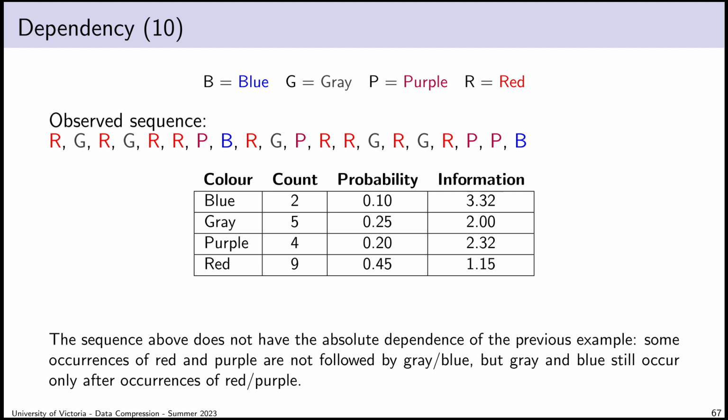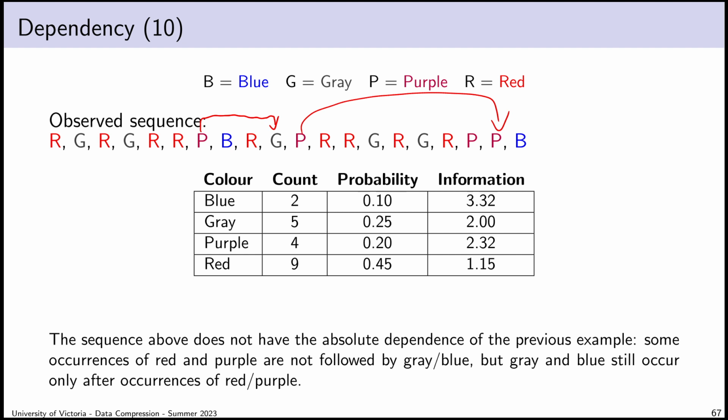Notice that we've got a purple followed a few cars later, so 3 cars after a purple, we had a gray. And here, 3 cars after a purple, we have a gray. And if that happens a lot, there could be dependencies that span several symbols. I could have a dependency that starts in one place in my sequence and affects something that happens way later on. They don't have to be next to each other for a dependency to exist.